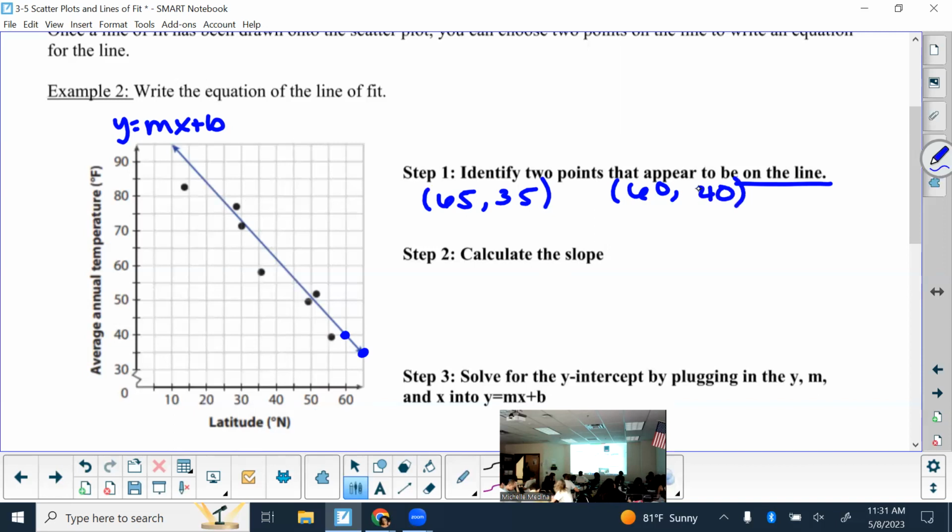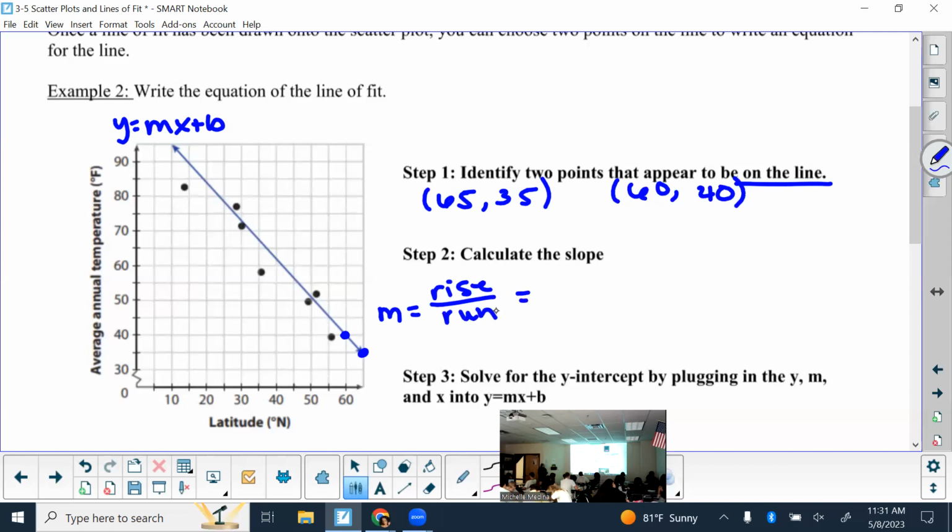So once you identify those 2 points that appear to be on the line, you're going to calculate the slope. What formula do you use to calculate the slope? To calculate the slope, the m, you could use rise over run if it's nice numbers for that.